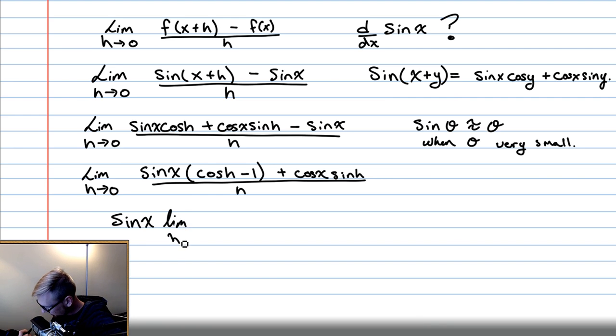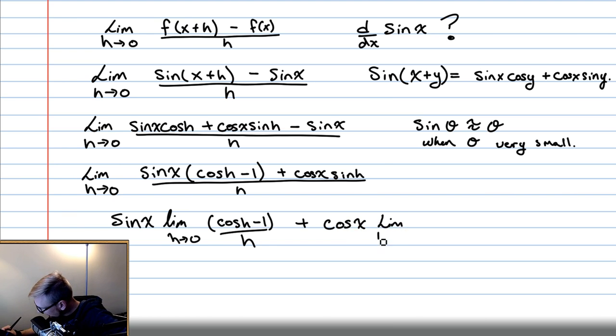The limit as h goes to 0 of cosine of h minus 1 over h, and then plus cosine of x times the limit as h approaches 0 of sine of h over h. And we know that this, from earlier times, is equal to 1. So that would leave us with our cos x.